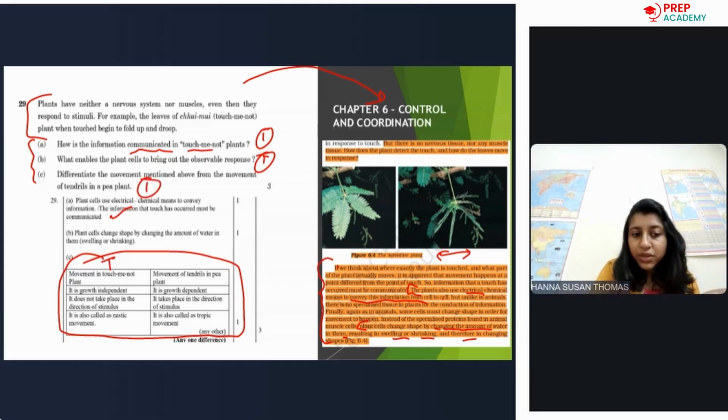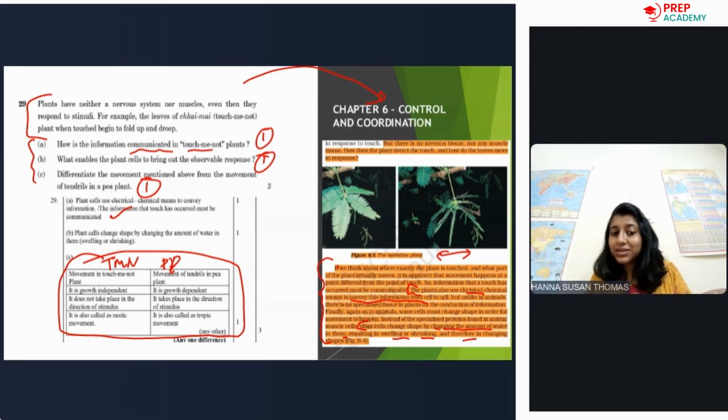So movement in touch me not plant and movement of tendrils in pea plant. It is growth independent. The movement of touch me not plant is growth independent, but with respect to pea plant, movement is growth dependent. In case of touch me not plant, it's not dependent on growth.